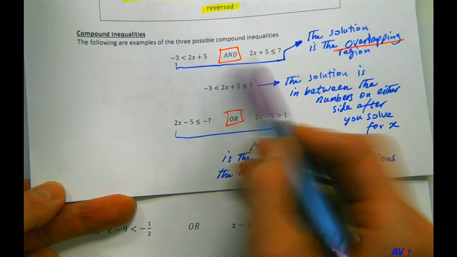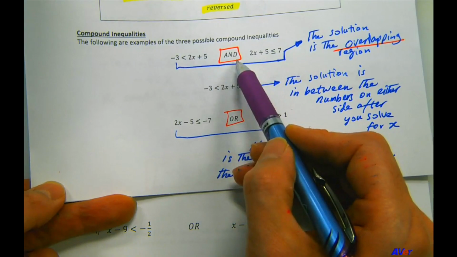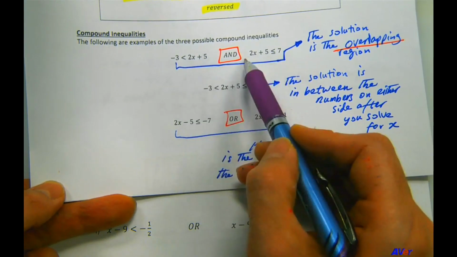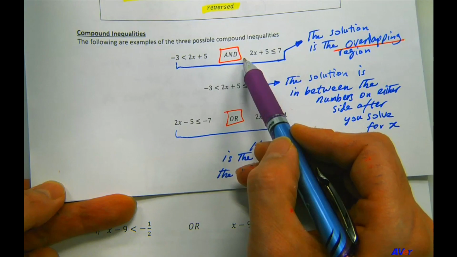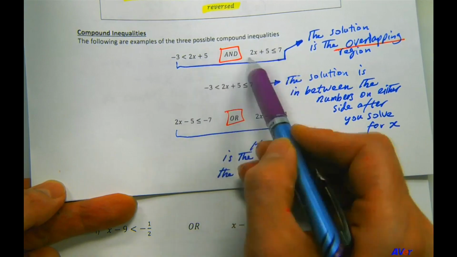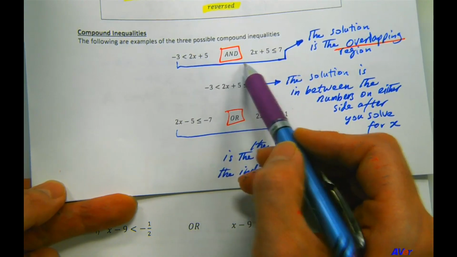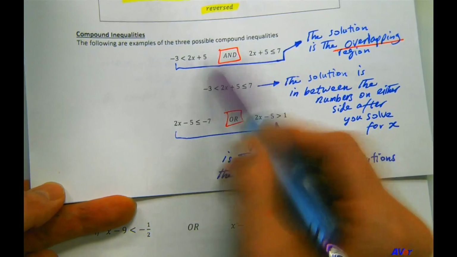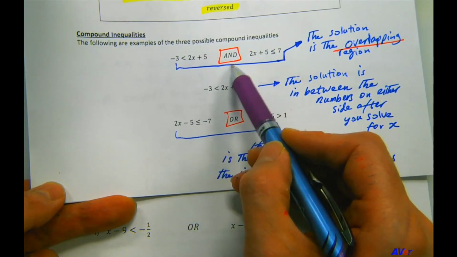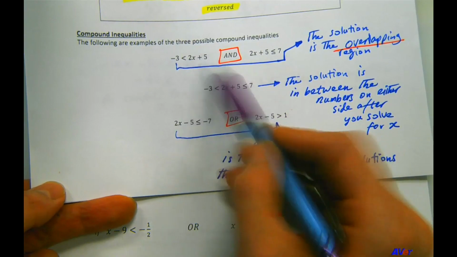If we can't have an overlapping piece, then these two inequalities do not satisfy each other at any point, which means this compound inequality has no solution. So for this kind of compound inequality to have a solution, the individual solutions must overlap.